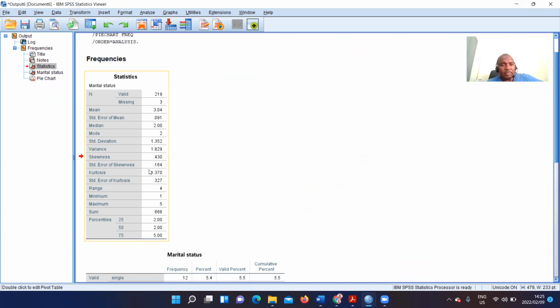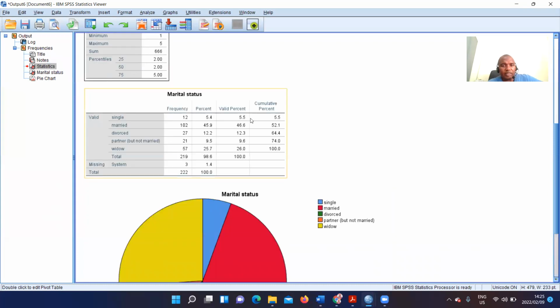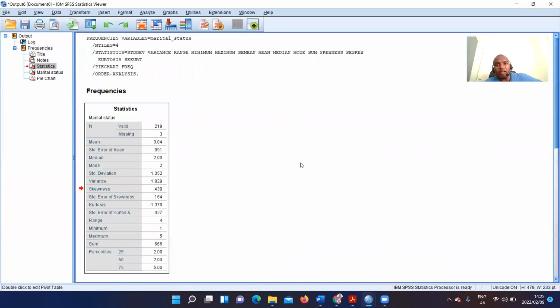And then the kurtosis is negative, at minus 1.370. And then the range is 4. The minimum is 1. The maximum is 5, and so on. And then the other information we've already covered.